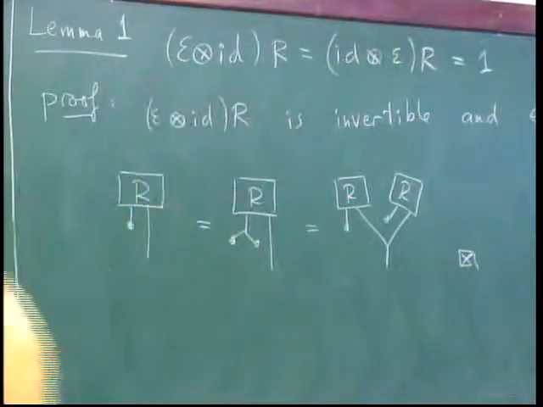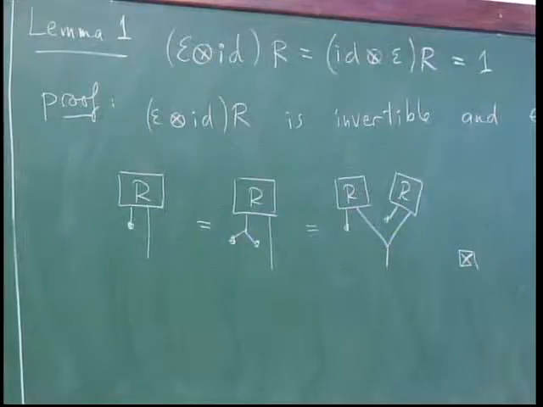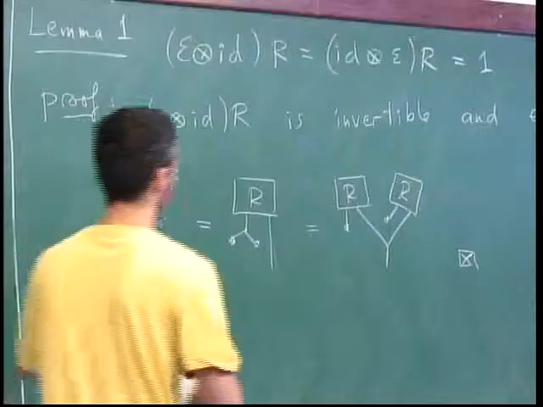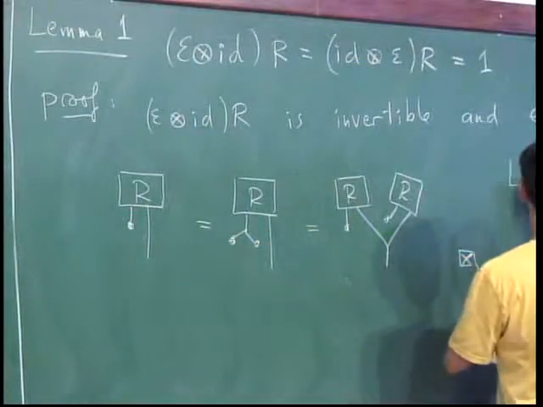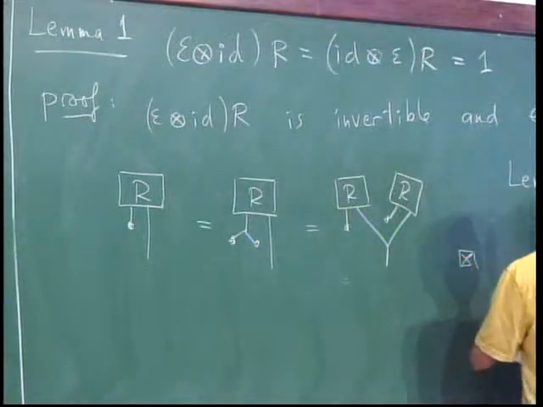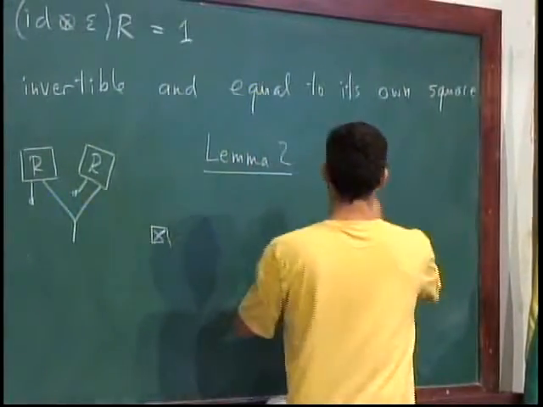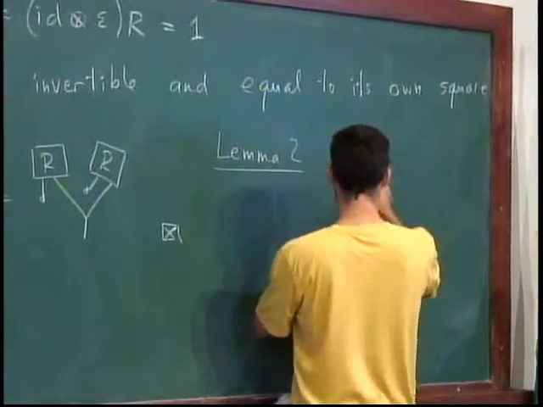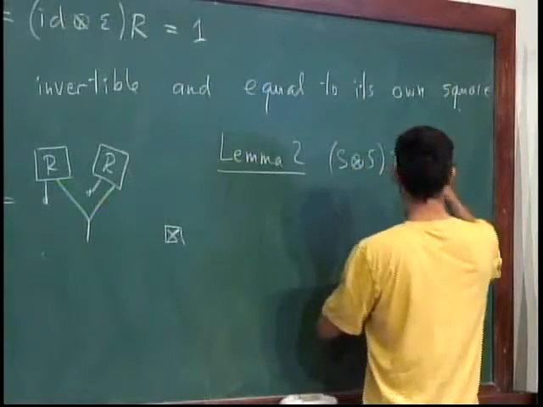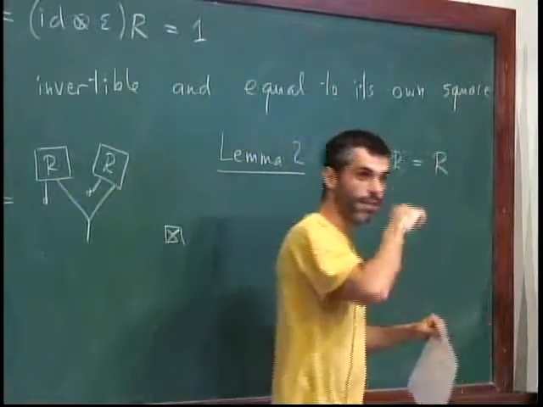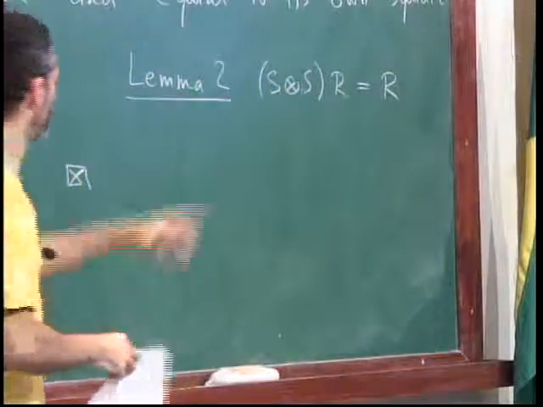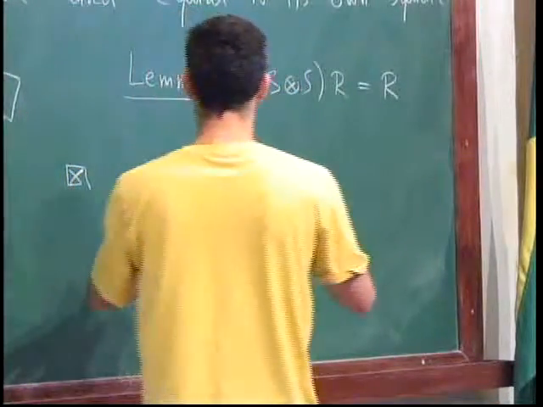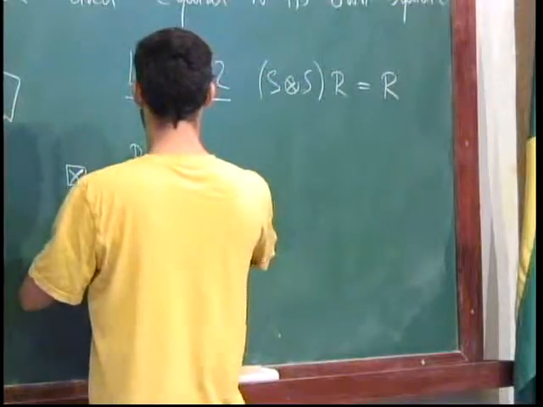Now I need a second lemma. That if I apply S on both legs of R, I get back R. And the argument is going to go as follows.